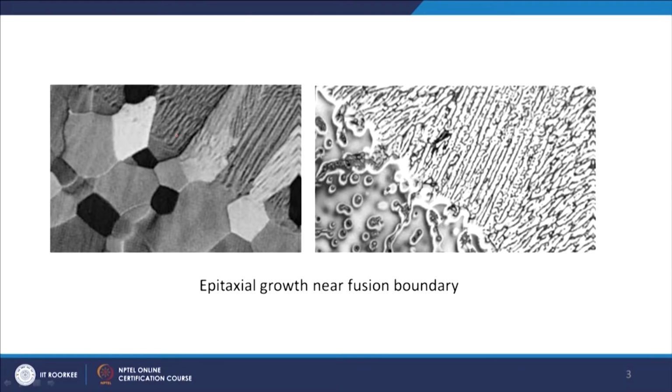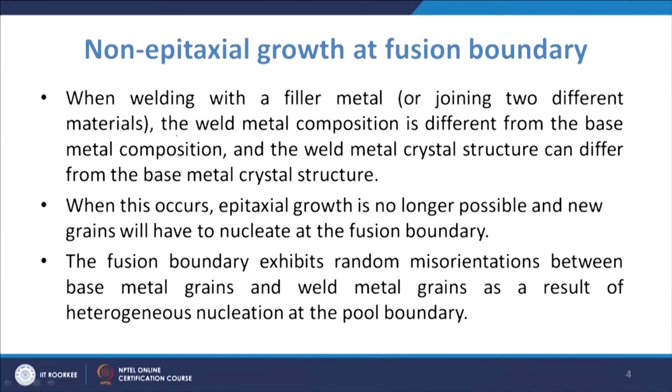However, there may be non-epitaxial growth also when you use fillers. In those cases you will have the chance of non-epitaxial growth at the fusion boundary. When you are welding with a filler metal, or joining two different materials, the weld metal composition will certainly be different from the base metal composition.